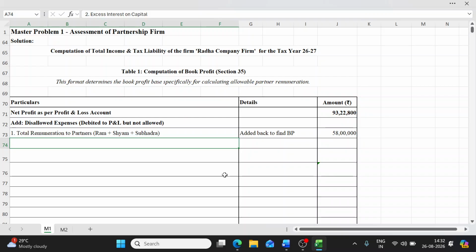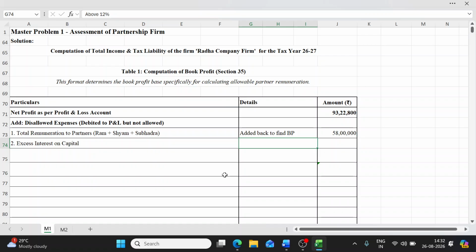The next thing to be added is excess interest on capital. Under the income tax law, deduction is allowed up to 12% interest on partners' capital. But any interest paid in excess of 12% is disallowed, and it should be added back in the net profit to find out the book profit.